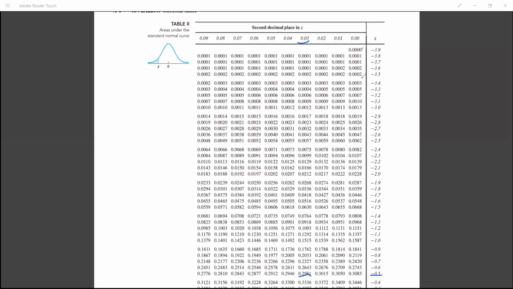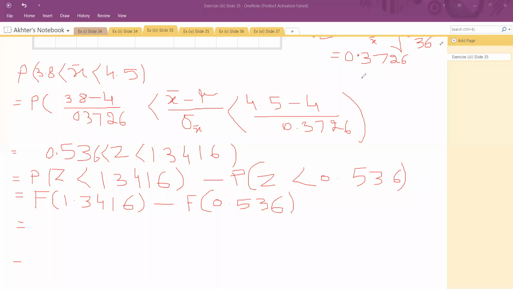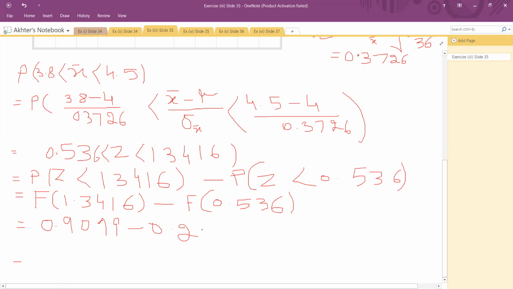Then we have to calculate the difference: 0.9099 minus 0.2981 is equal to 0.6118.